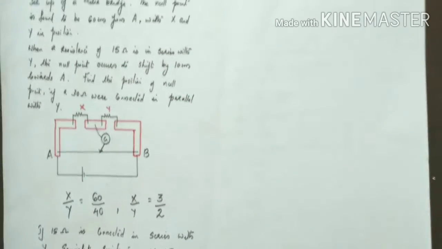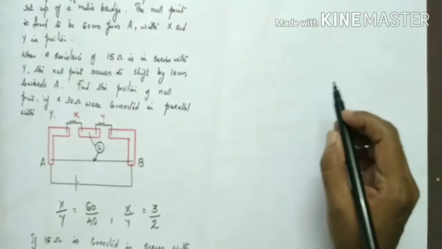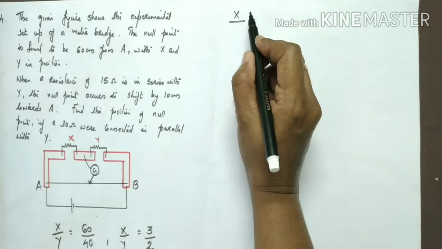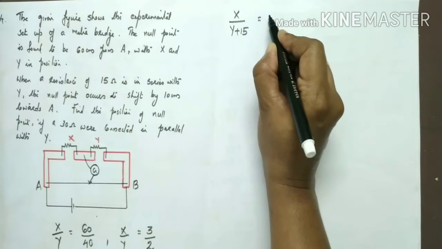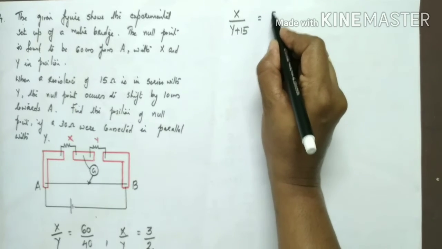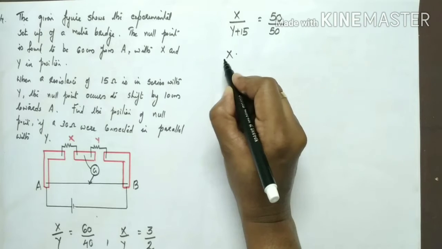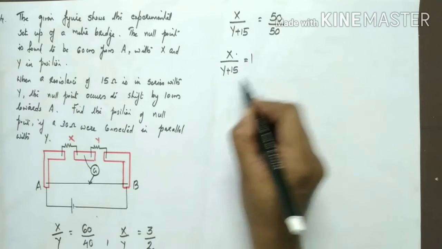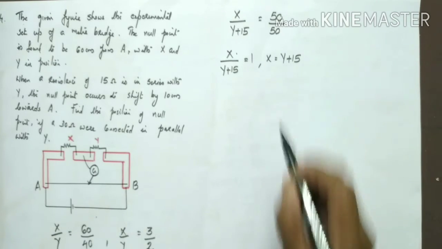Now we can write the equation as X divided by Y. Instead of Y we can write Y plus 15. Balance length shifts by 10 centimeter means it becomes 50 by 50. So X by Y plus 15 is equal to 1, or we can write X is equal to Y plus 15.